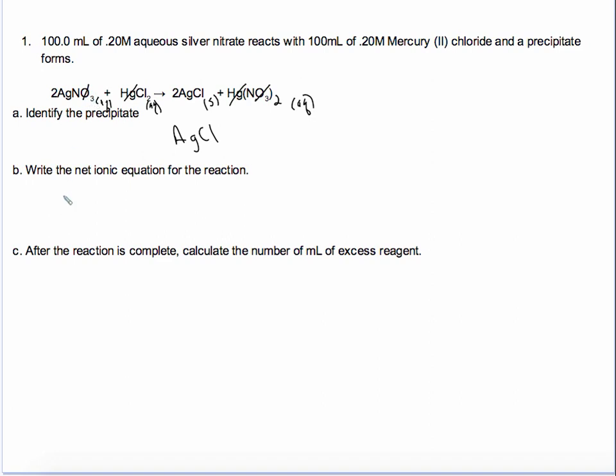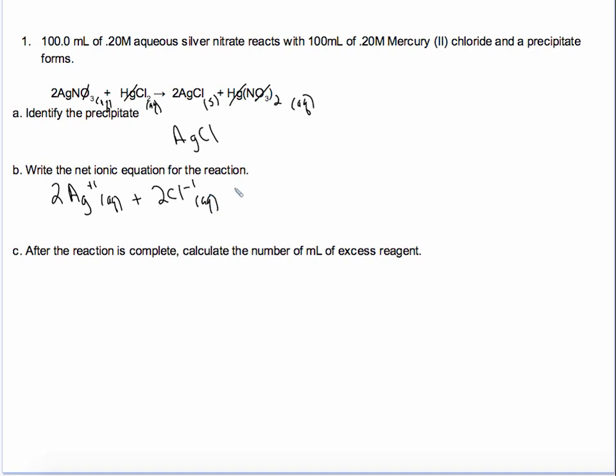Anything that's aq on both sides is going to cross off. So the nitrate, and so we have 2 silver plus 1 ions, aq, plus 2 chloride.